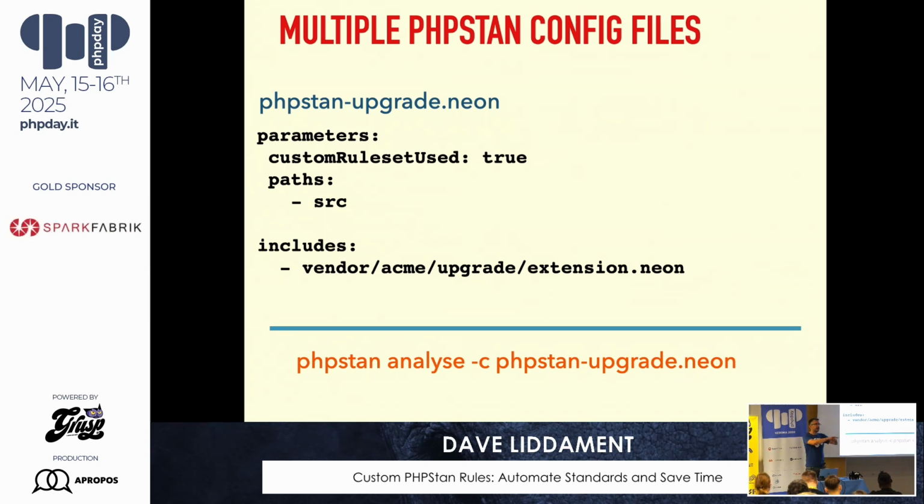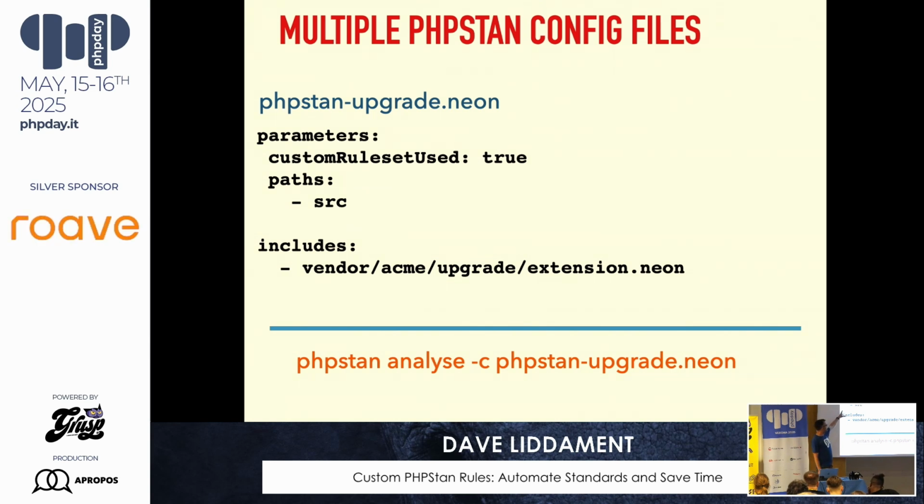So maybe we've got a huge project that makes many, many calls to this library that's being upgraded. And if we split out our PHPStan config files, it means one person or one team can be responsible for doing all the work to do the upgrades, and the others can just get on with their code without worrying about these new issues that would be coming along. So we can just create our own PHPStan neon file. We just have to say custom rule set used true, so it doesn't go and do all the normal PHPStan rules.